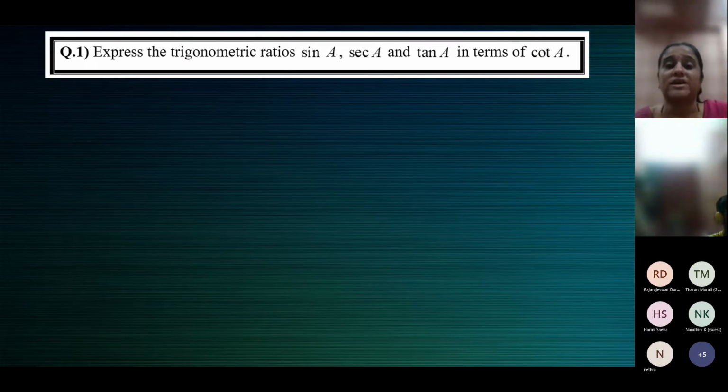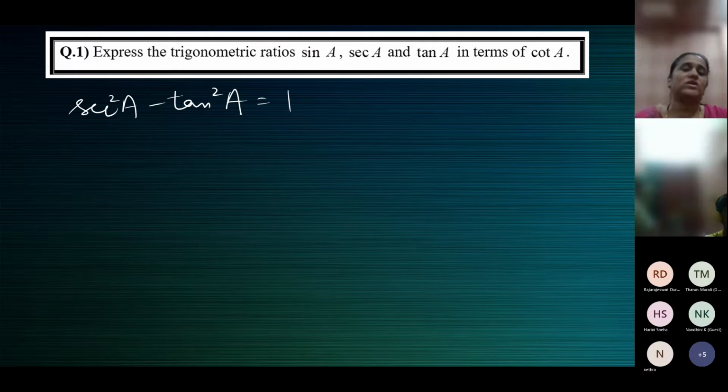The reciprocal of cot A is tan A. So secant square A minus tan square A is 1. You connect secant A and cot A; if that's not possible, connect their reciprocals. The reciprocal of cot is tan, and secant square A minus tan square A is 1.